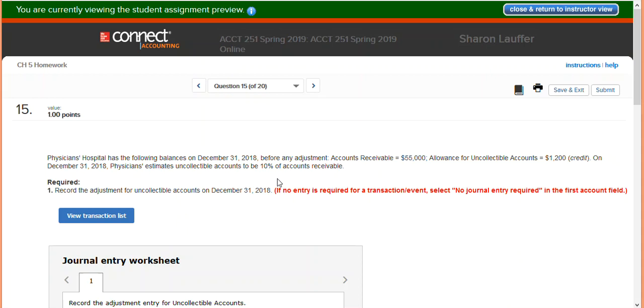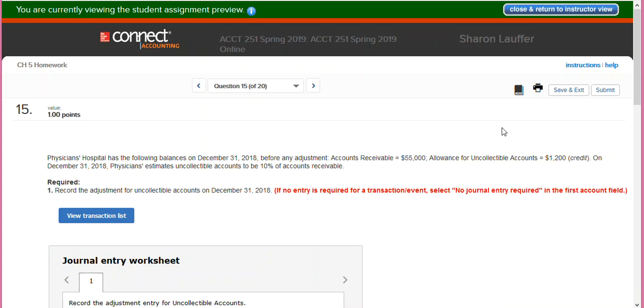And we know the accounts receivable amount because they tell us so. $55,000 times 10% would be the amount that they think they won't collect, which is $5,500. So the amount of this $55,000 that they think they won't collect is $5,500, which should be the balance in the allowance for uncollectible accounts account.